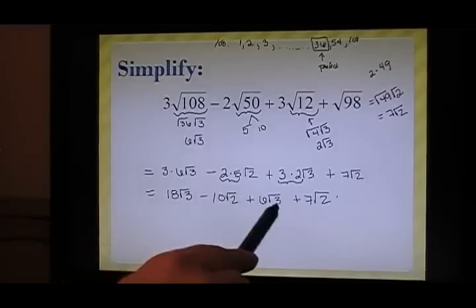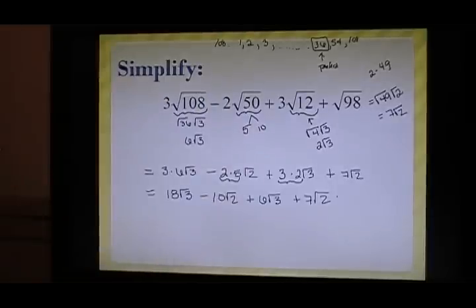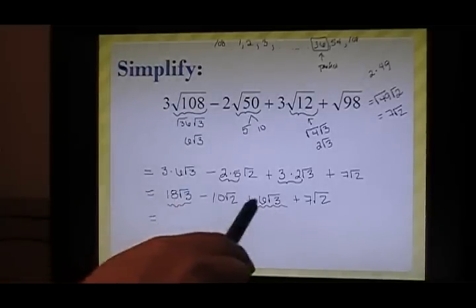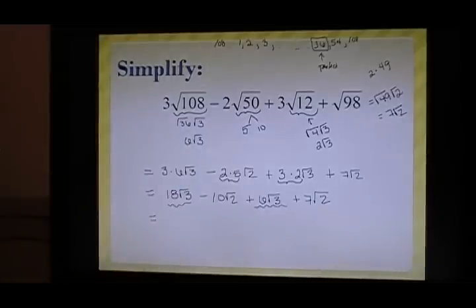So these 2 terms are like terms, and these 2 terms are like terms. So my last little bit here is combining like terms, 18 root 3 plus 6 root 3. When you're adding like terms, you add the coefficients and leave the radical part the same. So 18 plus 6 is 24, so that's 24 root 3.